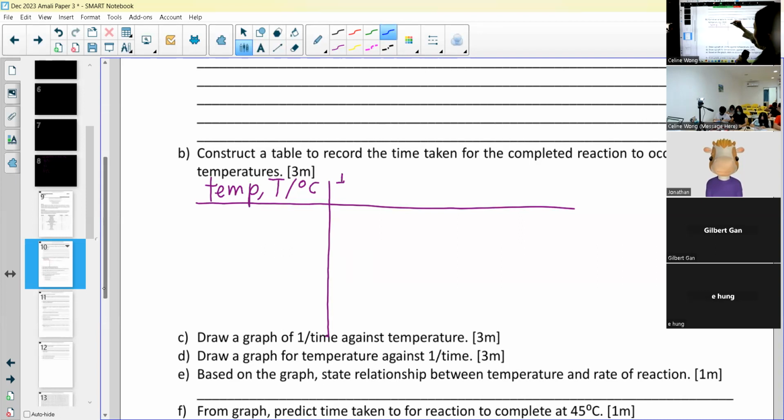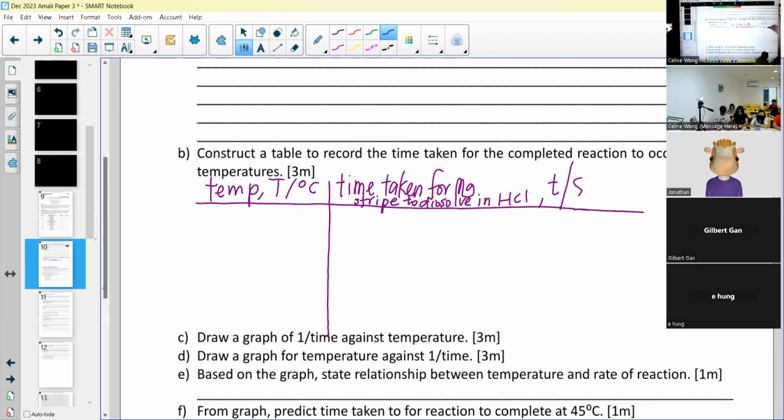What else besides temperature? Time taken. So in this particular situation, it will be time taken for magnesium strip to dissolve in HCl, in hydrochloric acid. Put in full. So the time must be in seconds.